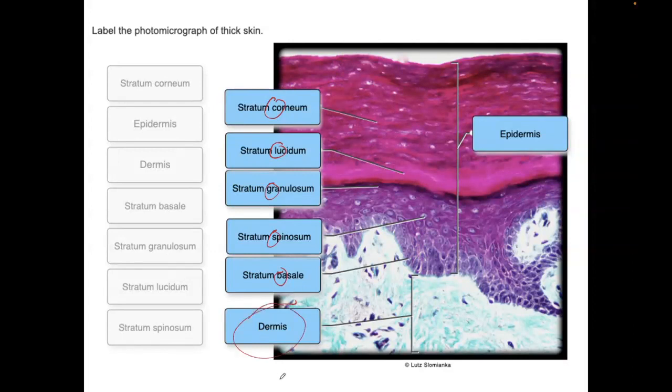Down below, dermis. Okay. Stratum corneum, stratum lucidum, stratum granulosum. This is granular. They make these lipids. Stratum spinosum, their spiny layer, and the stratum basal layer, full of the stem cells.